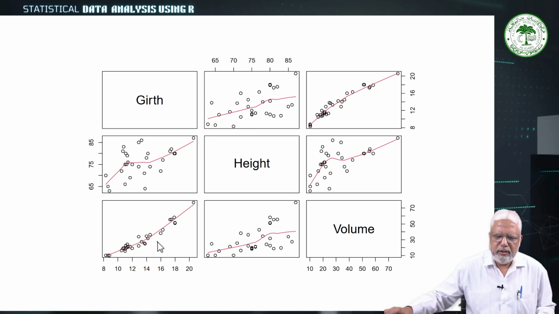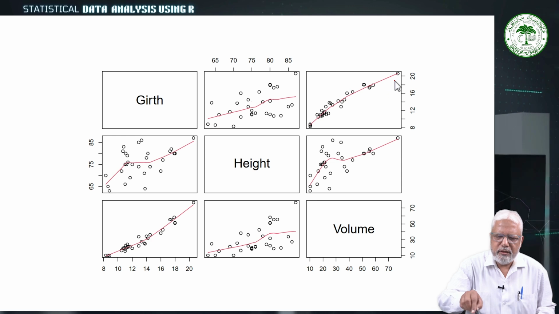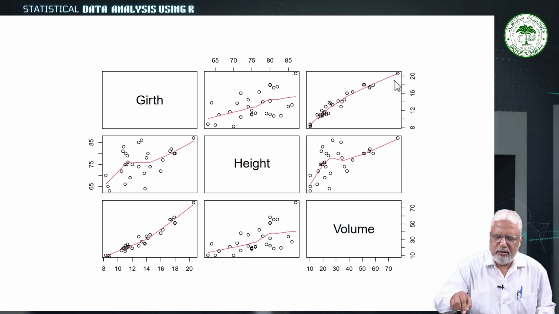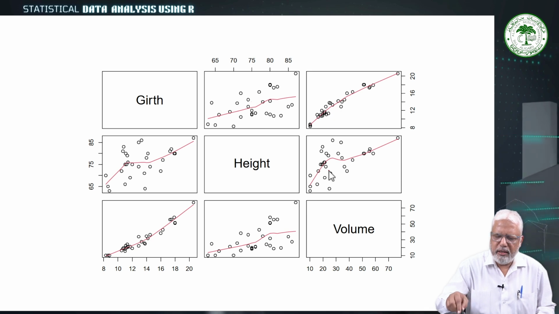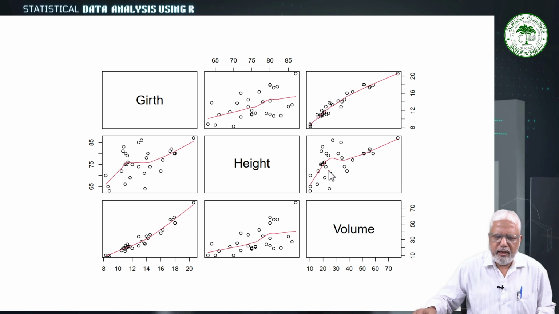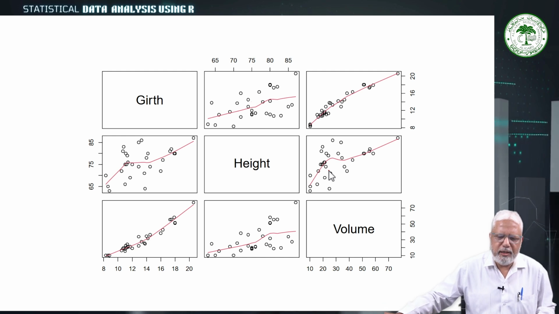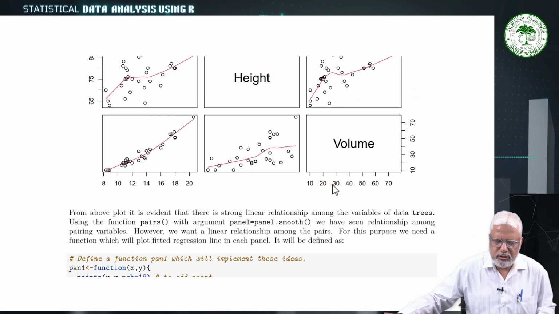Here you are getting these lines that are not straight lines, because they are computed on the basis of panel.smooth, and that is a non-parametric function using Loess to compute these.